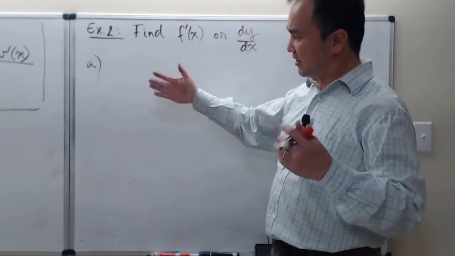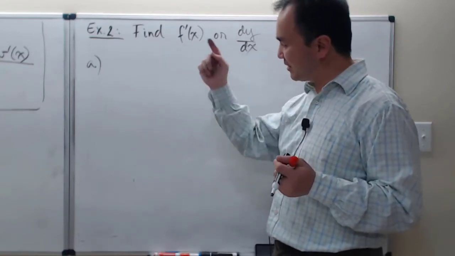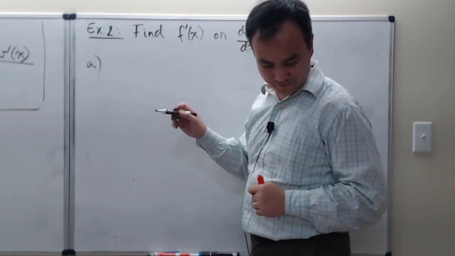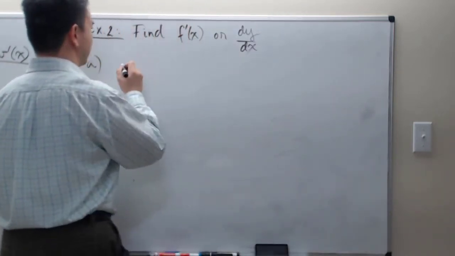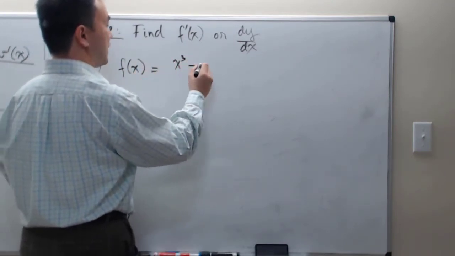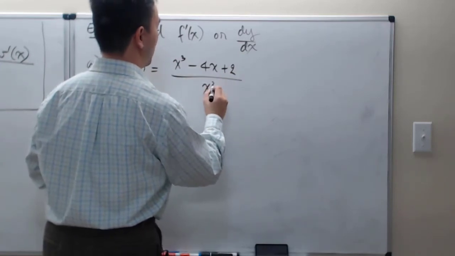As I just said, let's reuse that introduction problem we had earlier. So we were doing f of x equals x cubed minus 4x plus 2 over x squared.